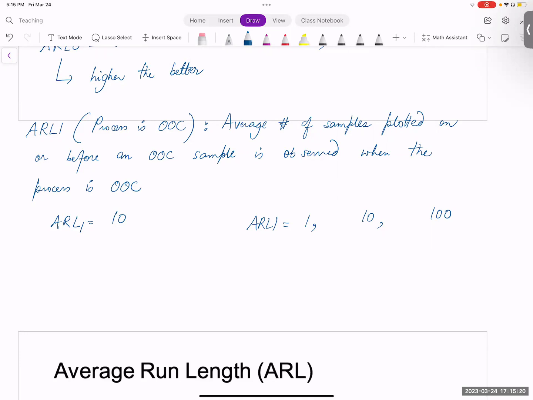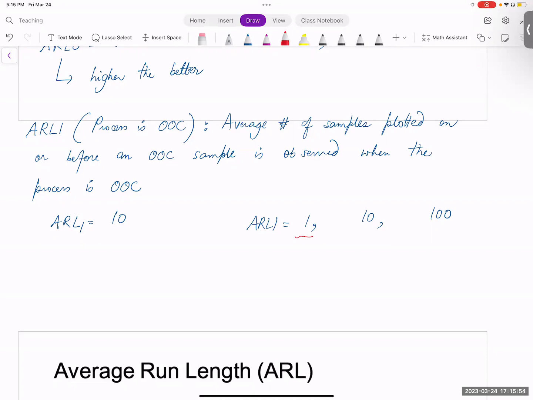So you can clearly see that I would prefer ARL1 equals to 1 because ARL1 is kind of like an average detection delay. ARL1 equals to 1 means I have to wait for just 1 sample before an out of control situation is observed. ARL1 equals to 10 means I have to wait for 10 sample points. And similarly, ARL1 equals to 100 means I have to wait for 100 sample points before an out of control situation is observed.